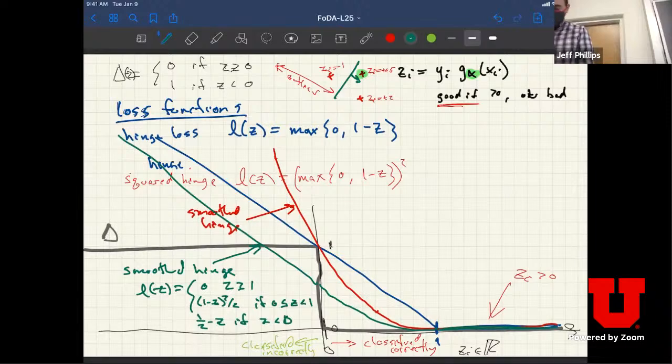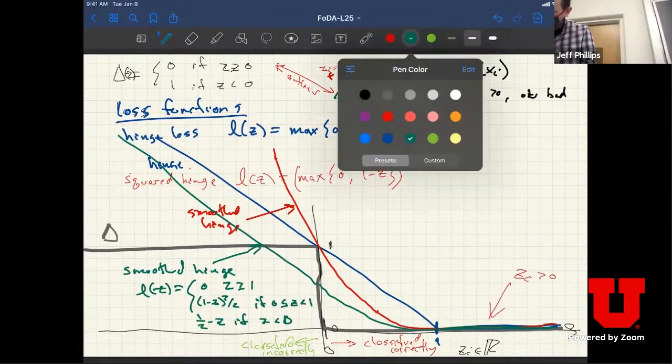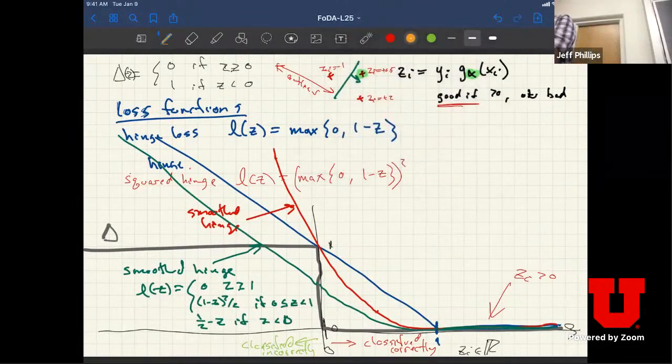Okay, we've run out of time. Let me show one more, and this is the last thing we really need to cover. This is called the logistic loss, and if I optimize this, it is called logistic regression.